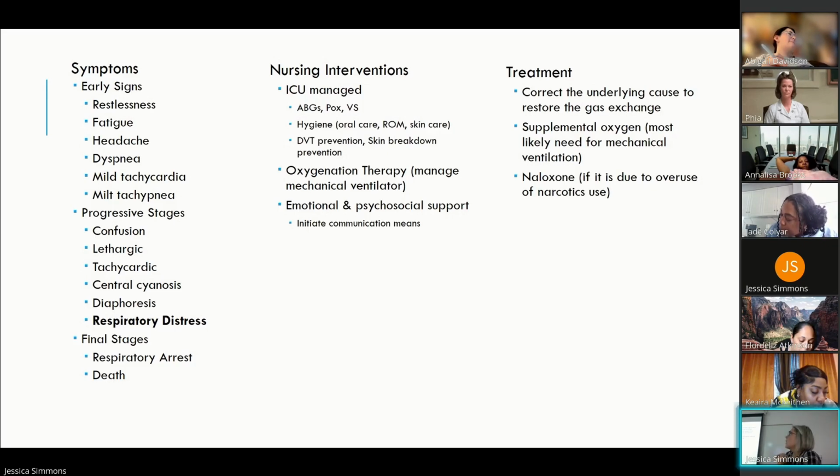So this is a patient that's requiring total care. Okay. Oxygen therapy, which is managing the mechanical ventilator, emotional and psychosocial support for the family.